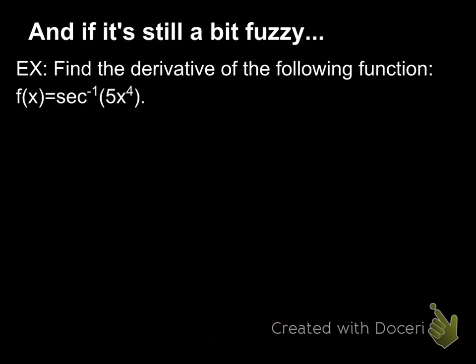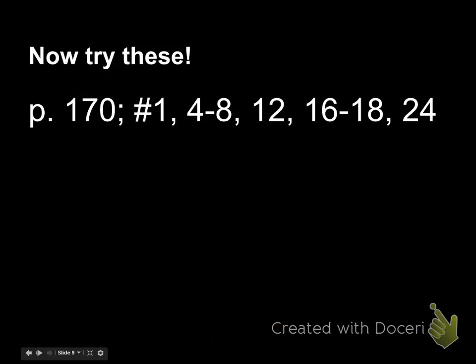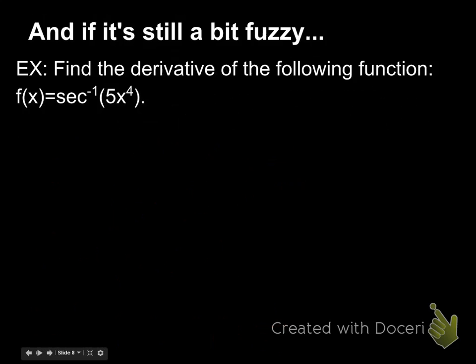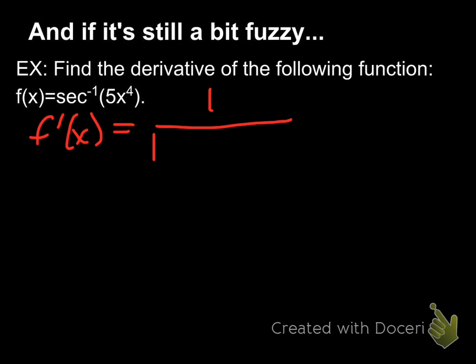Here we go. Derivative of the inverse secant, f prime of x, equals 1 over the absolute value of, whoops, I almost wrote x, but remember, we know that it's not x, it's whatever's in the parentheses, which is 5x to the 4th.